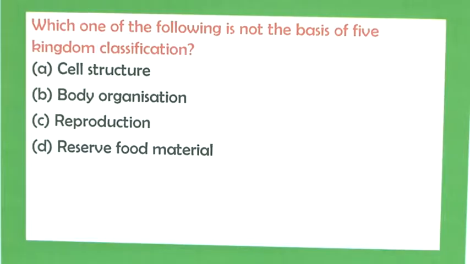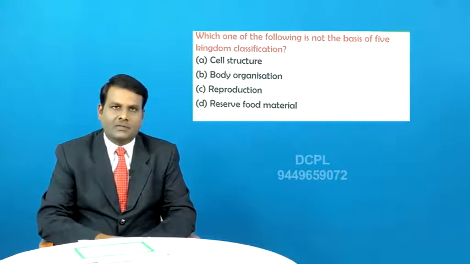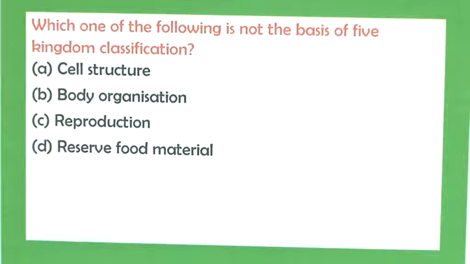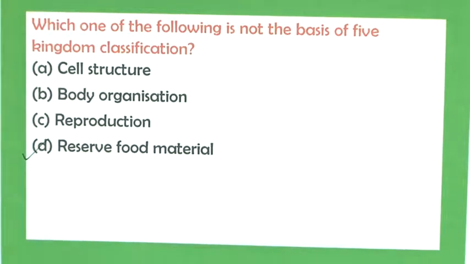And option D is reserve food material. Reserve food material is not a basis for classification of organisms into 5 kingdoms, and hence the correct option in this question is option D, that is reserve food material.